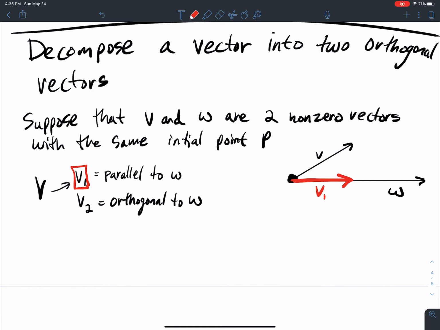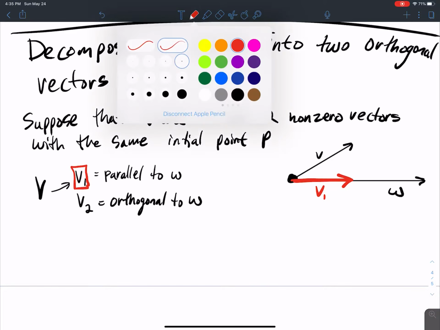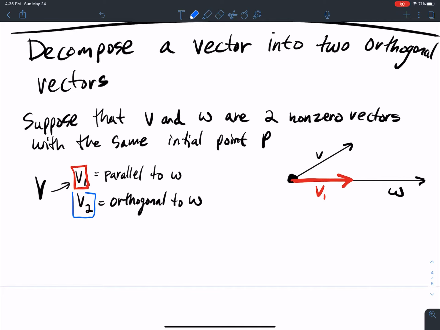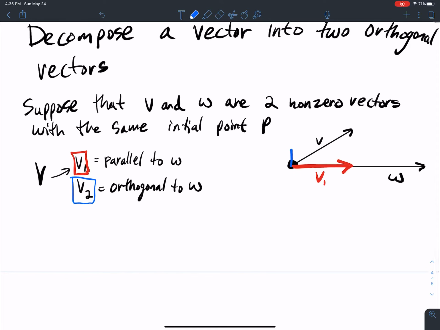So that's V1. And V2 is going to be orthogonal to W. Okay, so it's orthogonal to W. That's V2. All right?